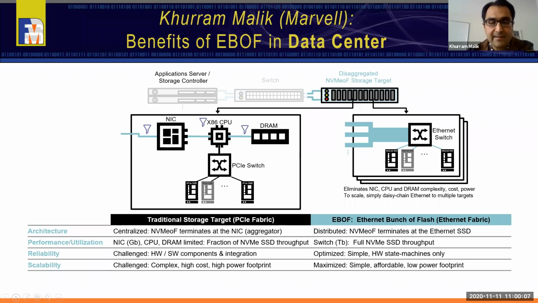The second thing we have seen here is scalability, how we can scale from one box to another box. This architecture is much more efficient, providing higher scalability and higher throughput in terms of connecting one EBOF, Ethernet bunch of flash, to another EBOF rather than connecting through the top of the rack.